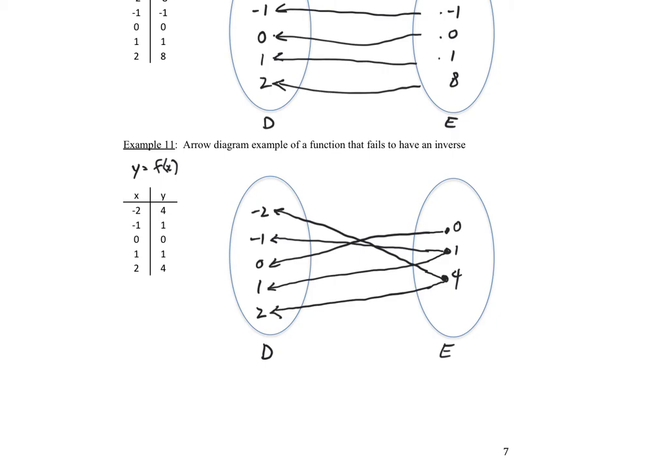So this is going to fail to be a function. 4 also has two outputs for a single input. 4 is trying to go to -2, and it's also trying to go to 2. So in both instances, we can see that it fails to have just exactly one output value. So in example 11, this is not a function.